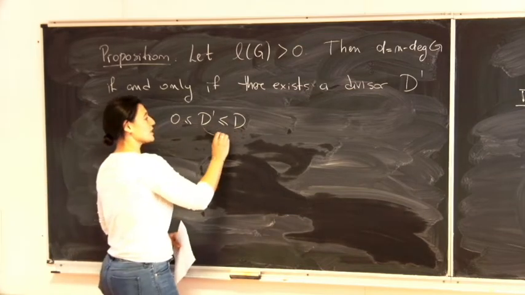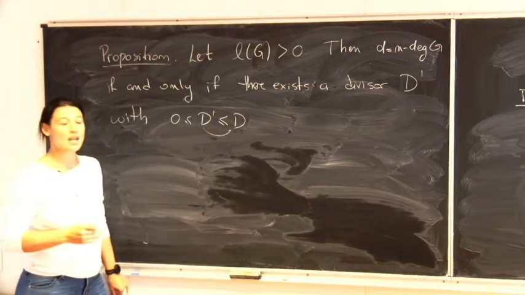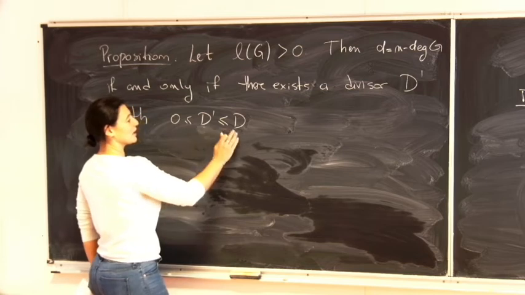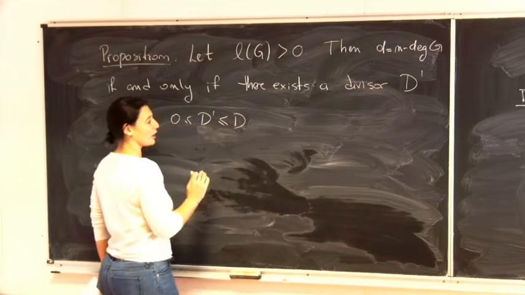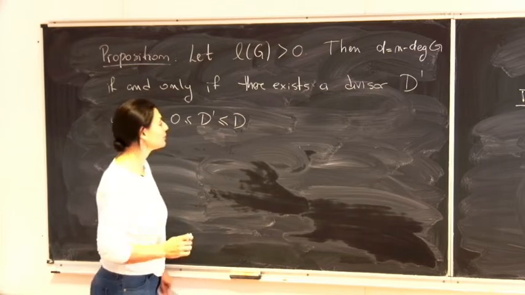So the support of D prime has to be inside the support of D. So actually, if D is a sum of n rational places, then D prime is going to be the sum of some of them.